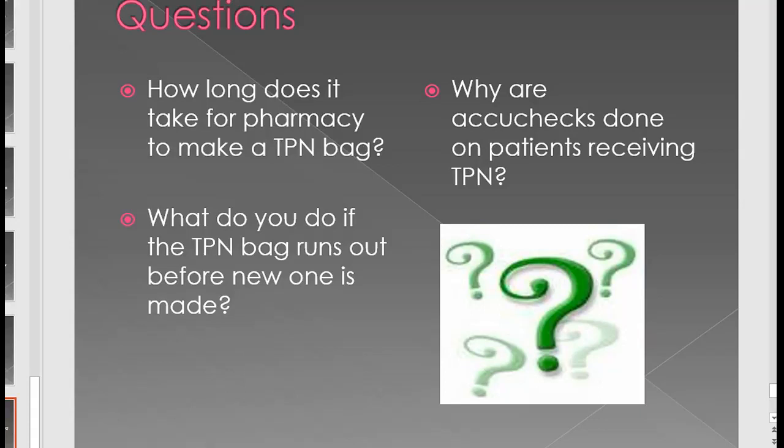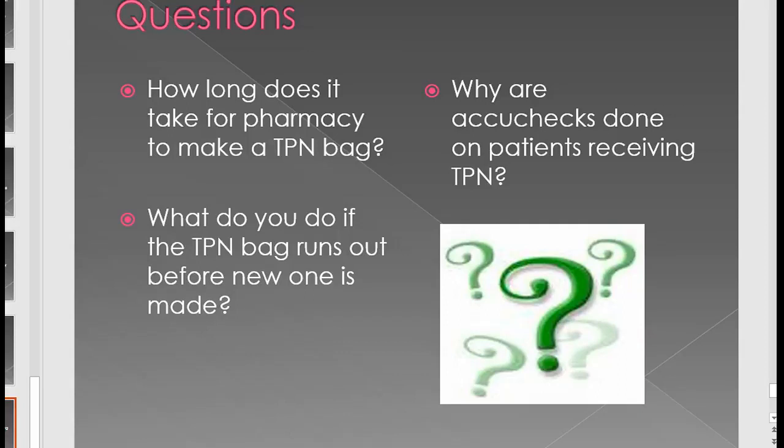Which now leads to our third question. Why are AccuChecks done on patients receiving TPN who are not diabetic? High blood glucose values are a common metabolic complication of TPN, which is why the AccuChecks are usually assessed every 6 hours.